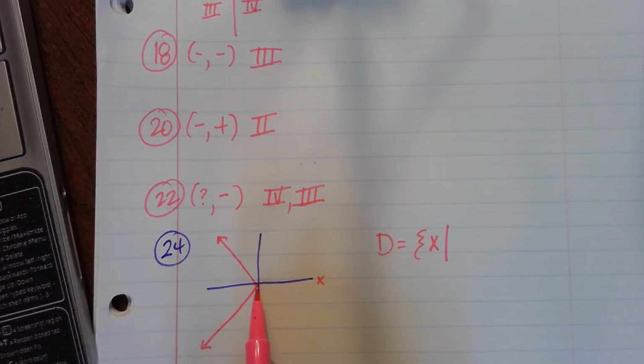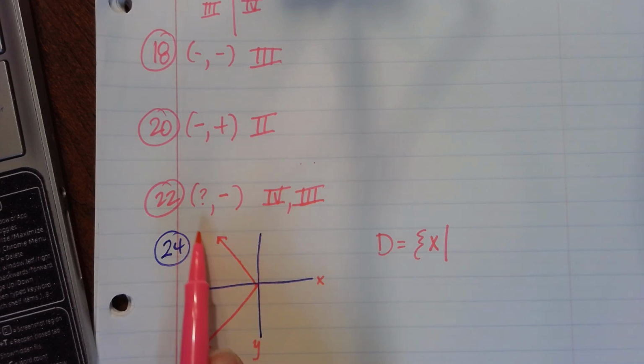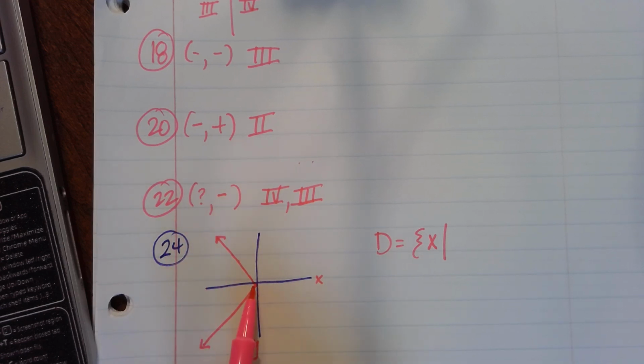And then where I see it going off here in plane number 2, if I wanted to name this point here, I would be over here at like -3, whatever, right? So my x would be negative.